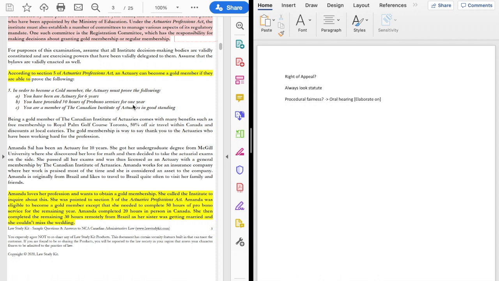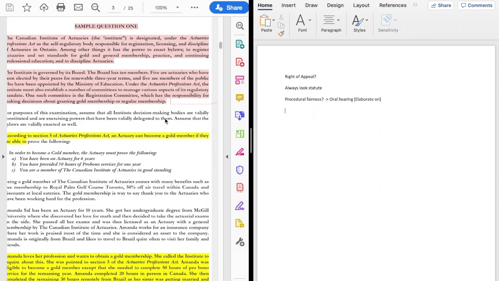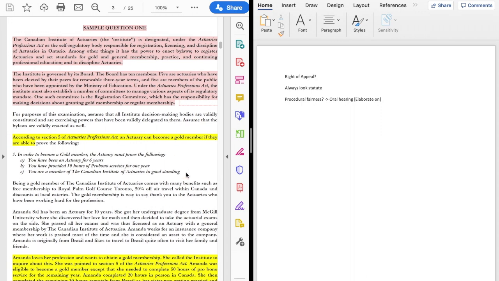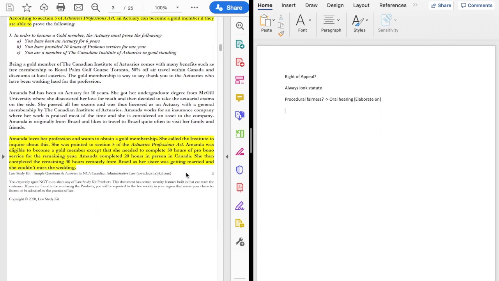If yes, great. It is likely that you're not going to have a right of appeal, but even if you do, you should obviously mention that. When we talk about procedural fairness, you have to do the entire analysis, so I'm assuming that you would know how to do the analysis here.